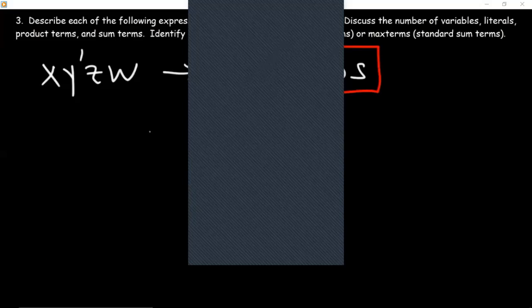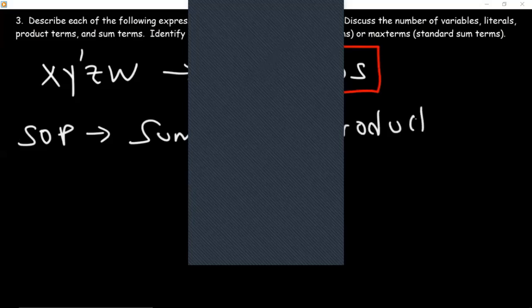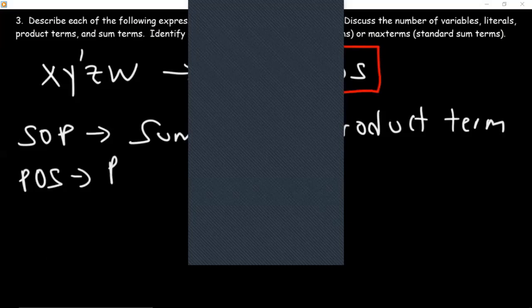So in terms of, let's say, SOP, we could say that this is the sum of one product term. Now, in the case of a POS expression, you can also describe it as the product of 4 sum terms.